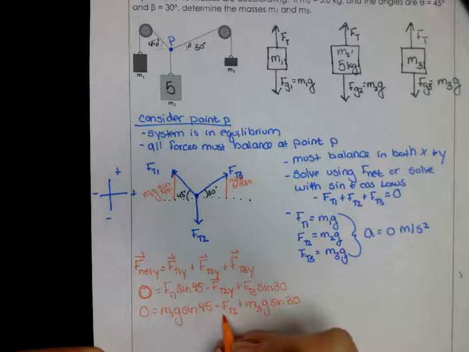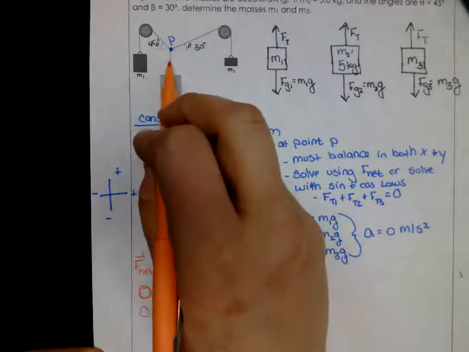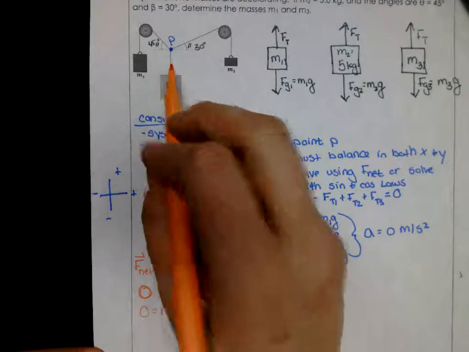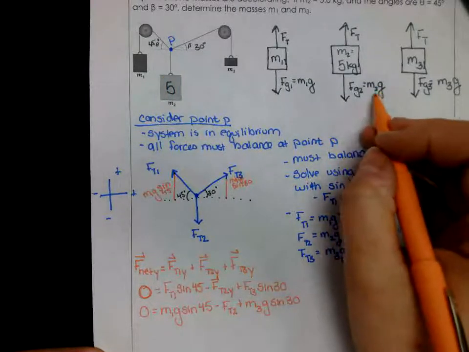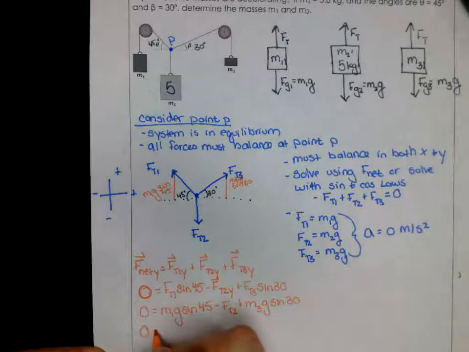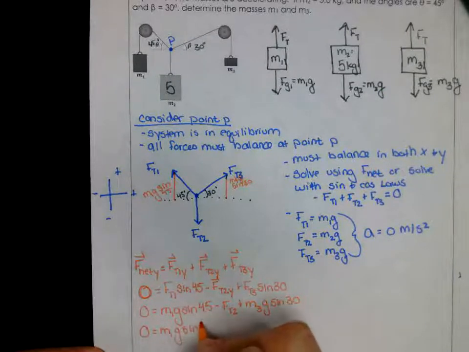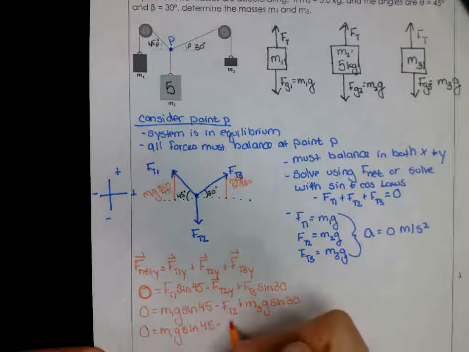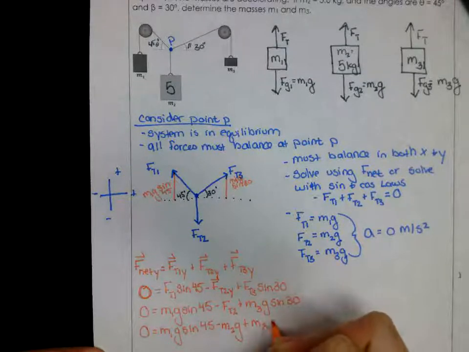The force of tension 2 is straight up, so it's going to be our normal force. So we're going to be able to say that that's mass 2 gravity. So now I have 0 equals mass 1 gravity sine of 45 minus mass 2 gravity plus mass 3 gravity sine of 30.